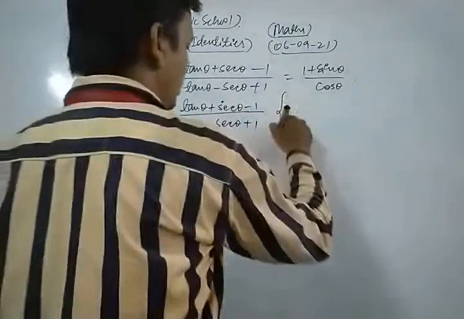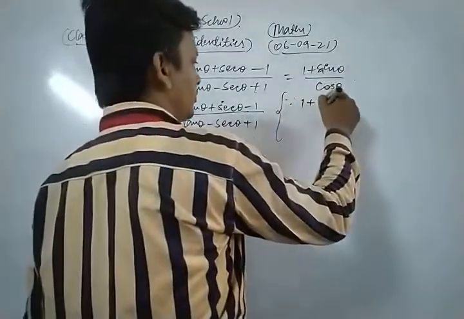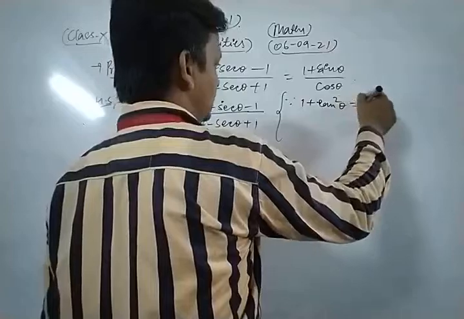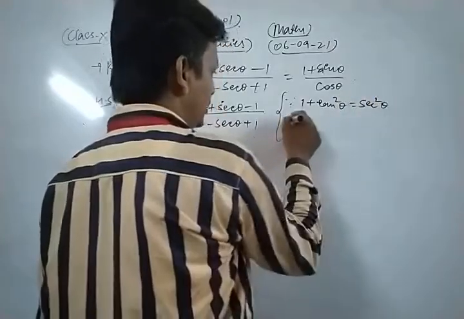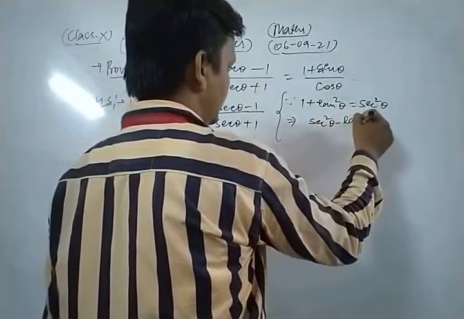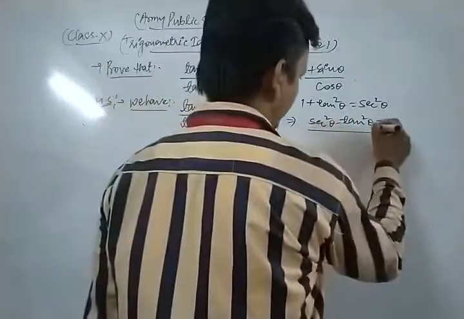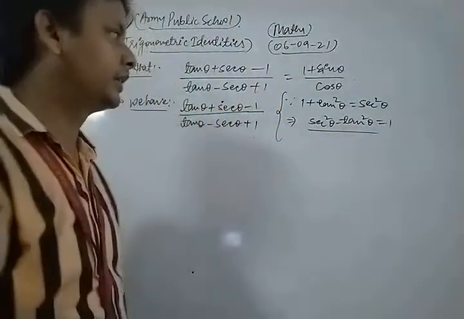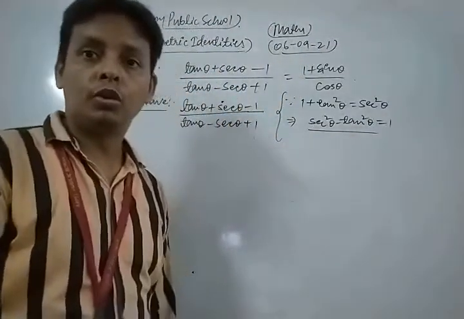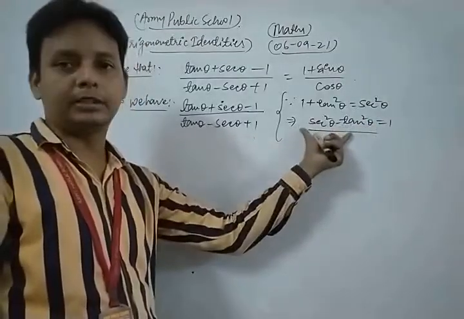So look, since we know that 1 plus tan square theta is equal to sec square theta, so transposing tan square theta to that side, sec square theta minus tan square theta is equal to 1.